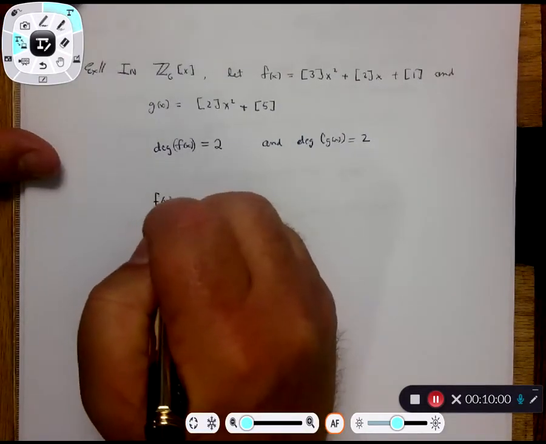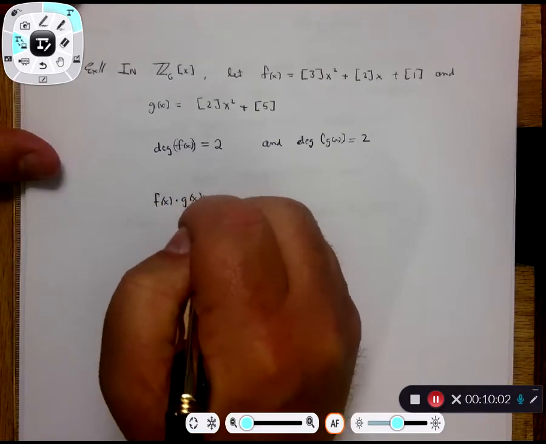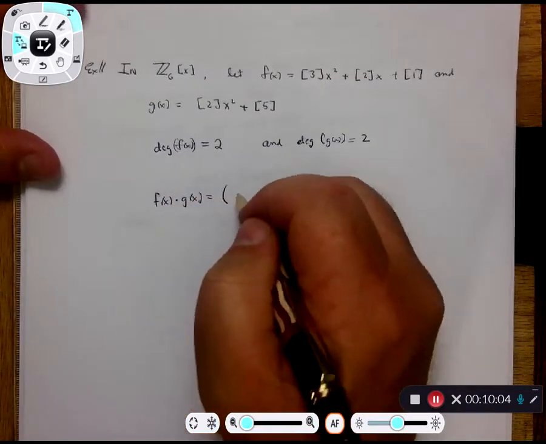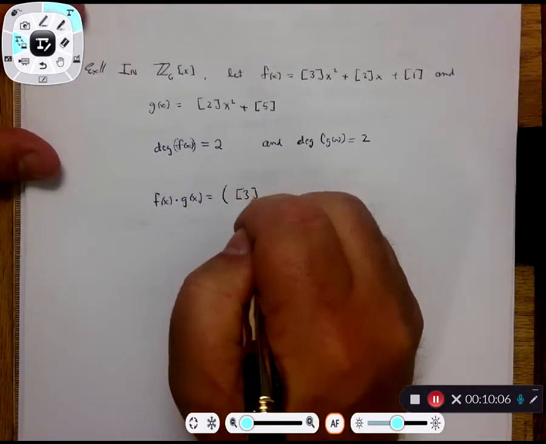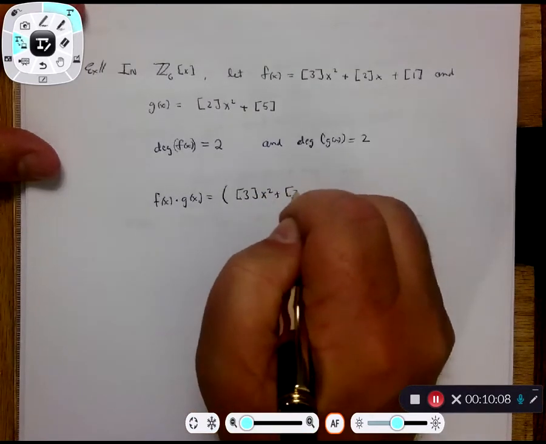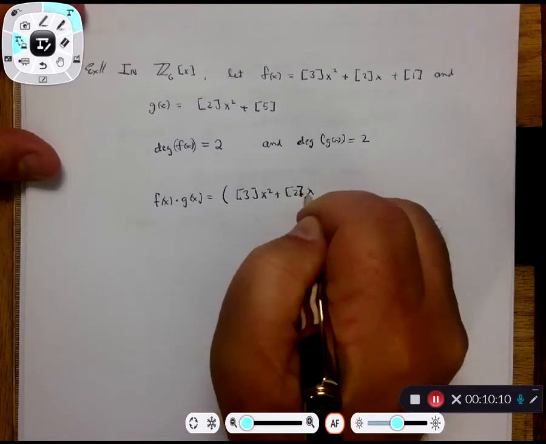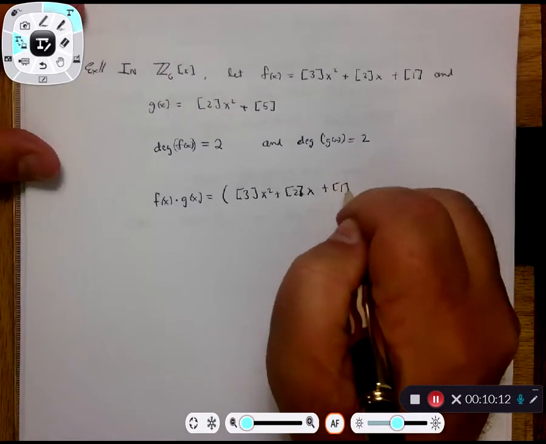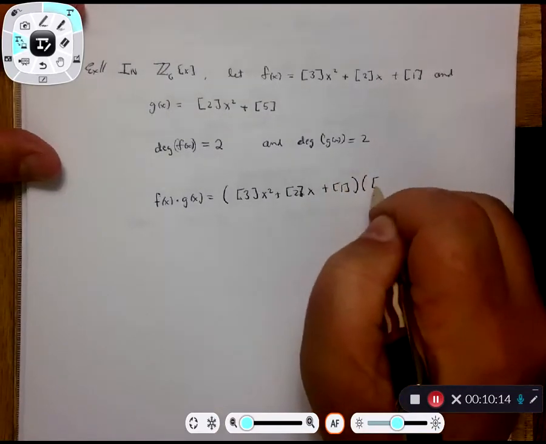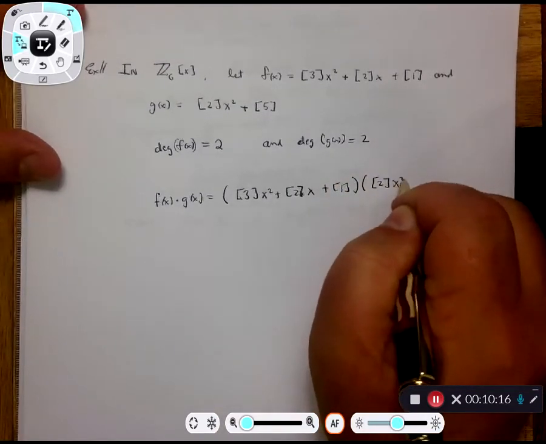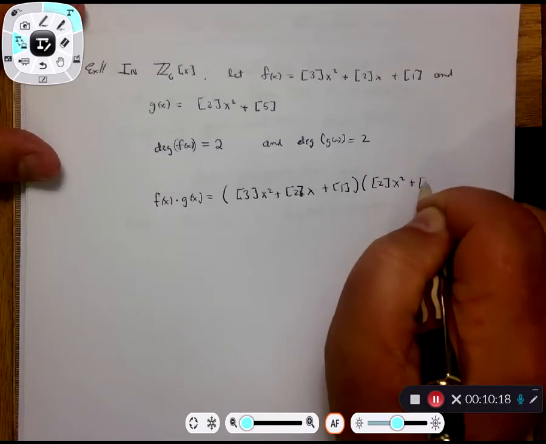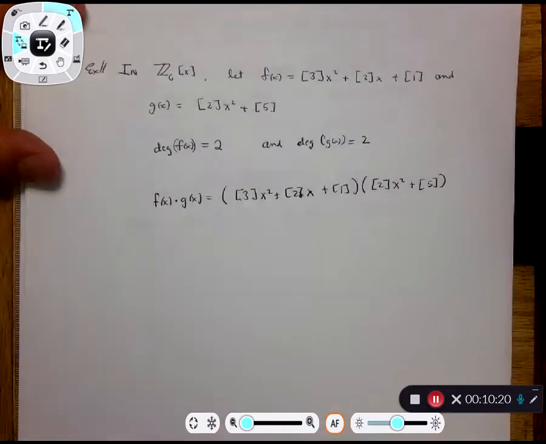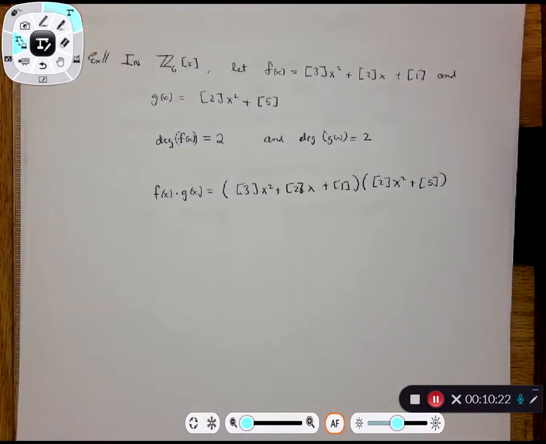What would f(x) times g(x) be equal to? Well, f(x) was equivalence class 3 x squared plus equivalence class 2 times x plus equivalence class 1, times equivalence class 2 times x squared plus equivalence class 5. Now again, if I'm going to multiply polynomials, I go back to junior high school and I'm going to FOIL this thing out. I'm going to distribute.